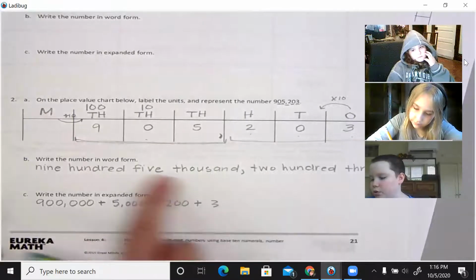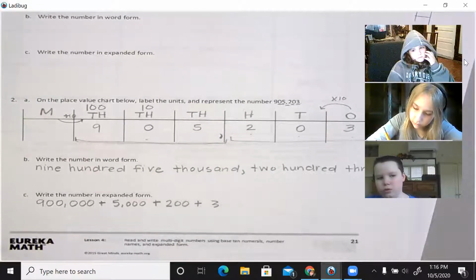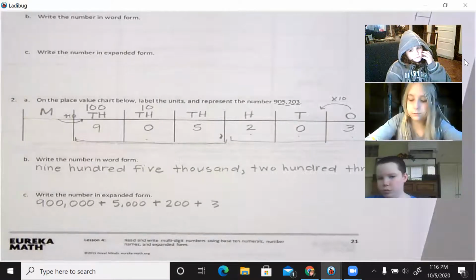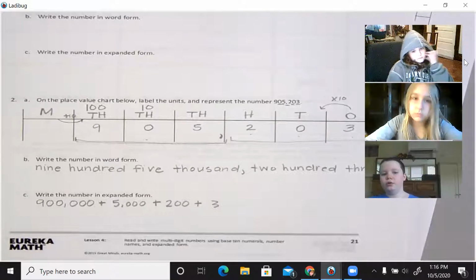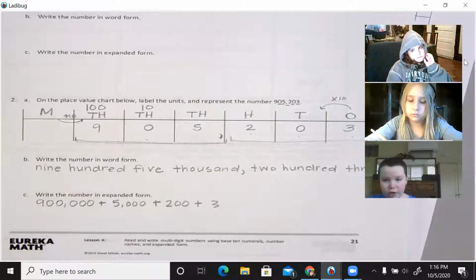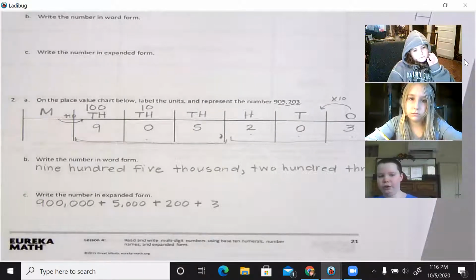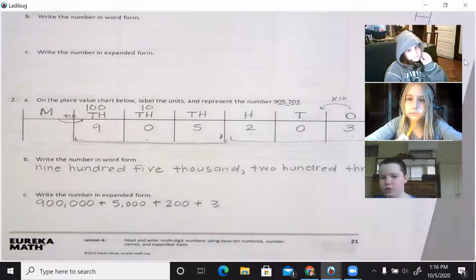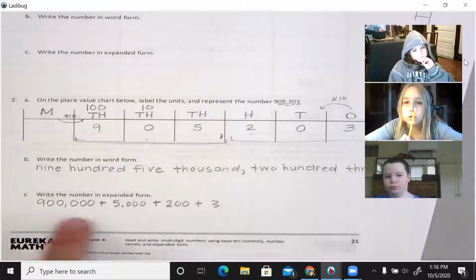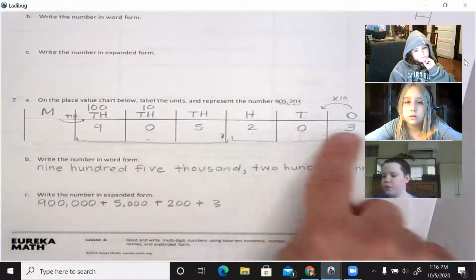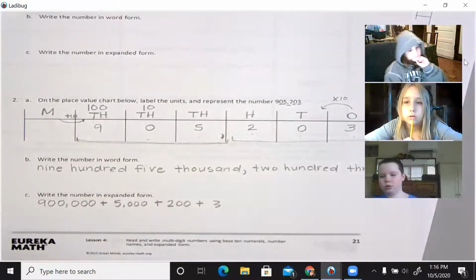If we put that in our calculator, what should we get as our answer? 900,000, 5,203. Let's try not to say that "and" in there, because an "and" means we have a decimal point. So you're correct. When we put this in our calculator, we should get our standard form number as our answer.